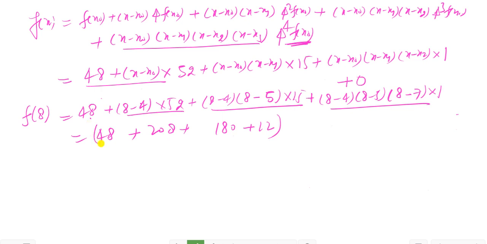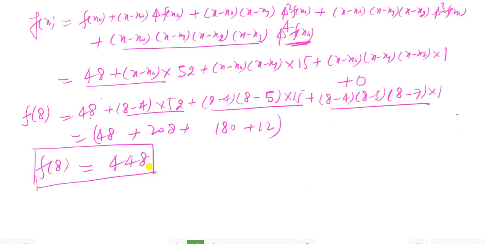By using the calculator, we obtain f of 8 is equal to 448. So this is the functional value at x equal to 8, and this x equal to 8 lies inside the given tabulated data.